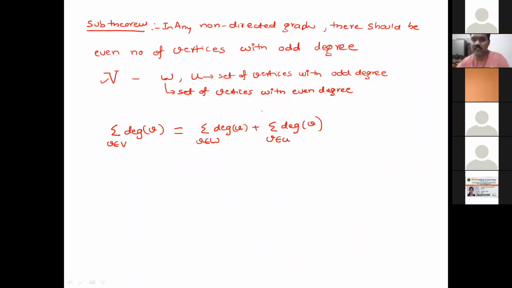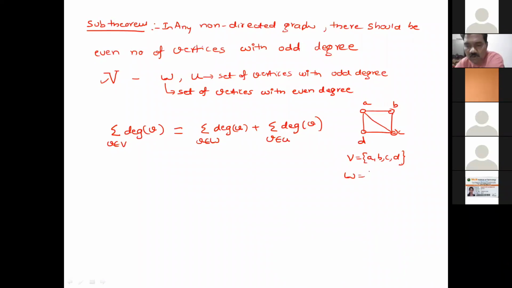If you want, I'll give a simple example. Just to understand this equation, I'm giving a small example. A, B, C, D. Now tell me, what is capital V in this? What are the vertices? It is A, B, C, D. What is W in this case?